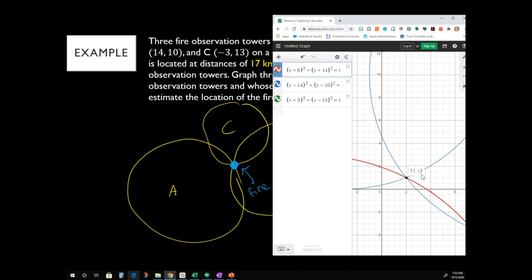That's the hardest part. Let's say it is an earthquake and you have like 8 of these, you're going to have 8 different equations. You're not going to want to solve that by hand. So most of the time we use technology to solve these, but knowing how to write the equations and what it means is really important.